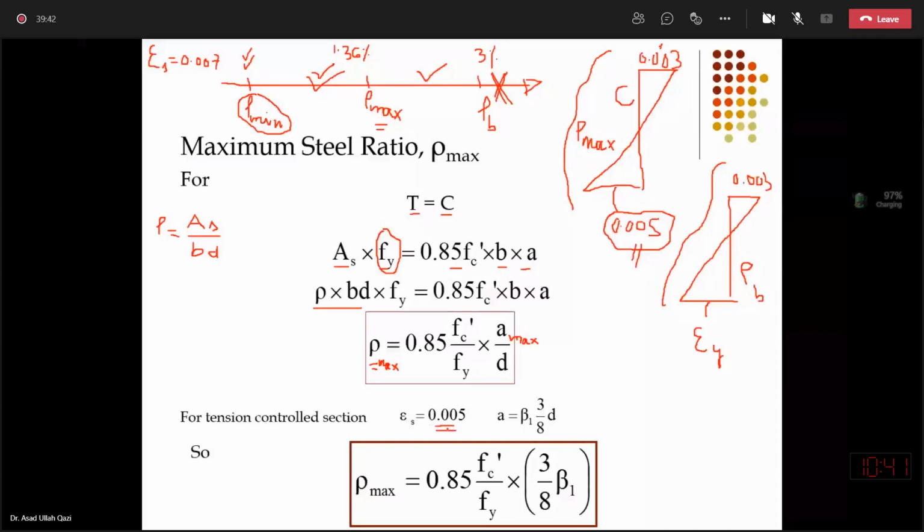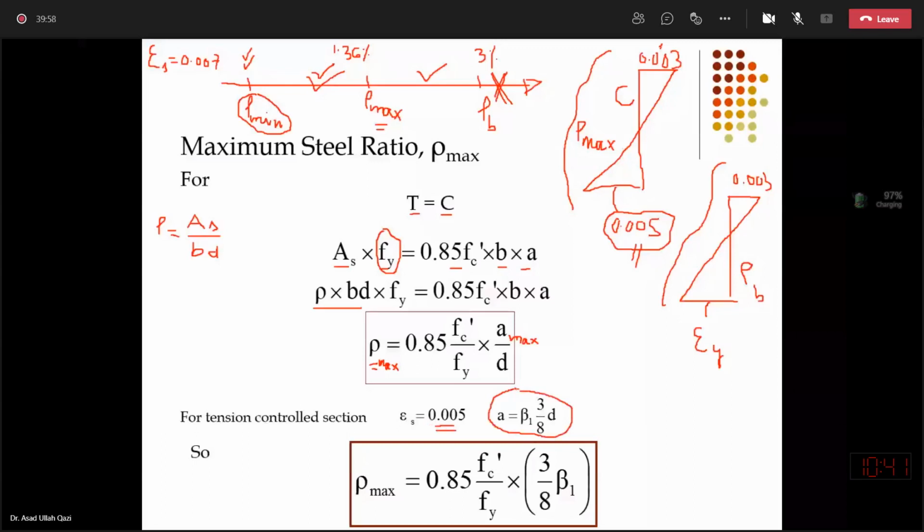And just a few minutes ago, we derived this from the strain diagram and we got C equal to 3 over 8 d and a equal to beta 1 times 3 over 8 d.